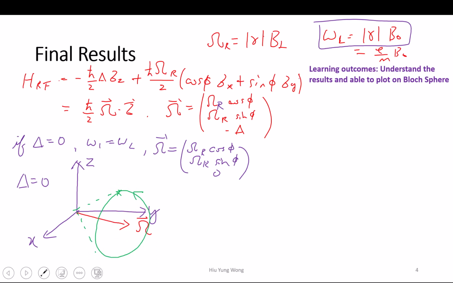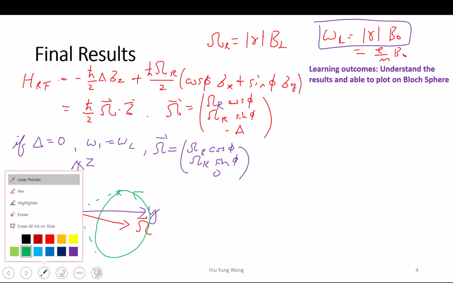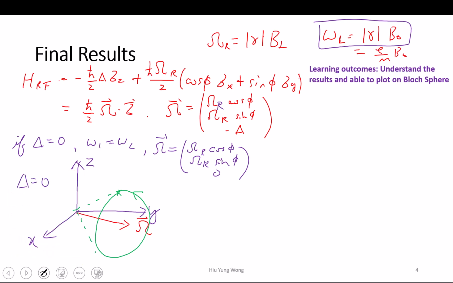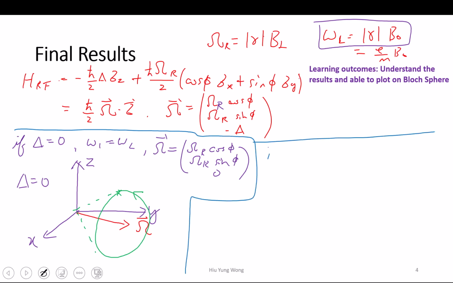Right? So let's look at another case. This is one case, and there's another case, where we still have this delta equal to 0. But let's make the phi equal to 0, then what does it mean?